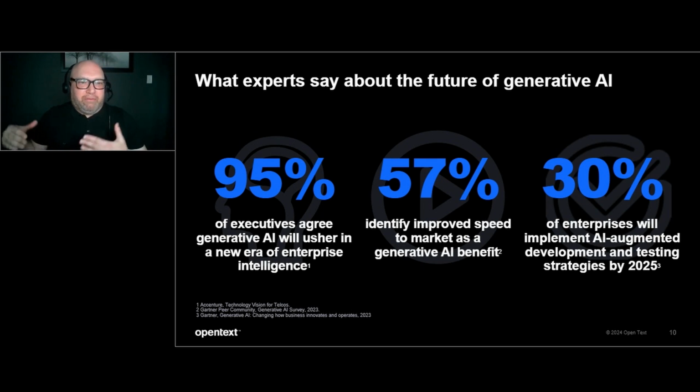And if we drill down even further, we get other cold, hard numbers that show that 95% of executives agree that generative AI will usher in a new era of enterprise intelligence. 57% identify improved speed to market as generative AI gains more benefits. And another 30% of enterprises will implement AI augmented development and testing strategies by 2025.